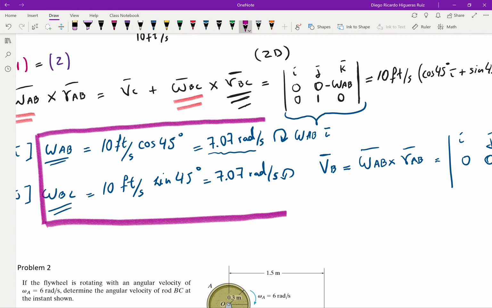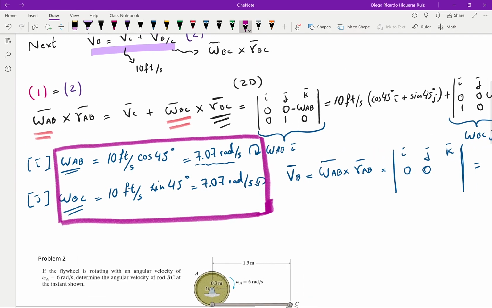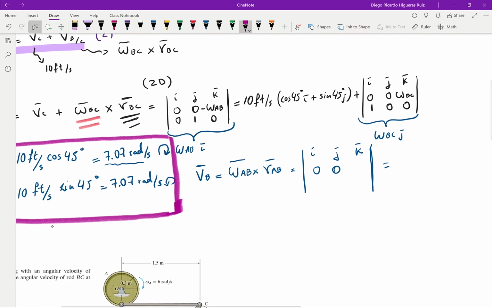Now I need to write this back here, but it's gonna be negative because it's clockwise, and that's my omega AB. Then I multiply that by 0, 1, and 0. That's gonna be 1 foot given in the problem, so basically RAB.